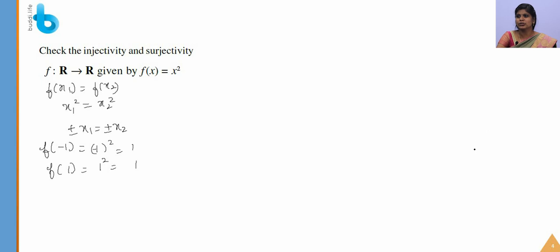As I already told you, an element in the domain should be mapped only to one element in the codomain. But here, plus 1 is mapped to 1, minus 1 is also mapped to 1. Therefore, it is a many-to-one function. Therefore, it is not a one-to-one function.